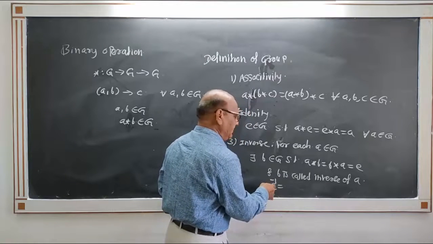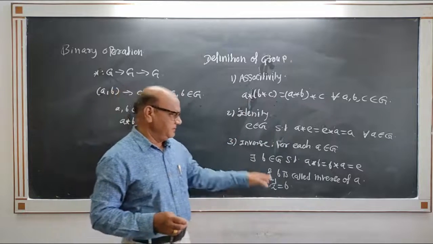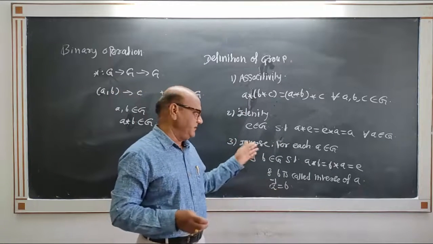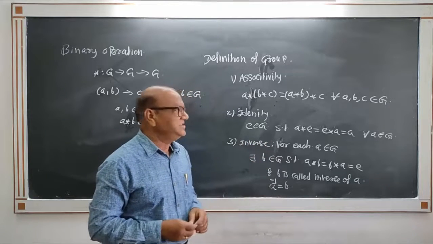That means read as A inverse is equal to B. If this property is satisfied, then we say inverse of each element exists. Then G is a group.